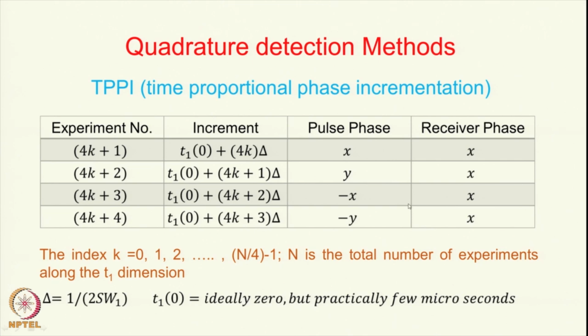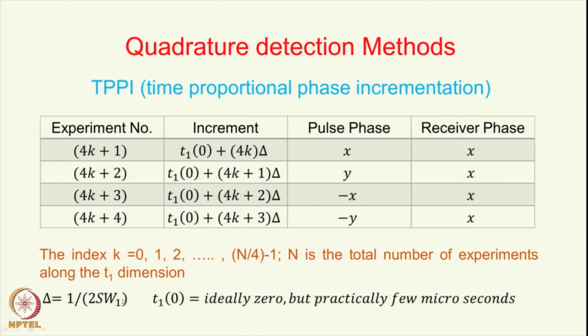This will allow you to discriminate; in fact, what it will do is you will have only one kind of sign in your frequency spectrum, and that is the way it achieves the solution to the problem of positive and negative frequencies in the spectrum.